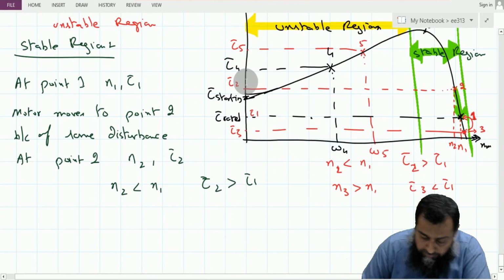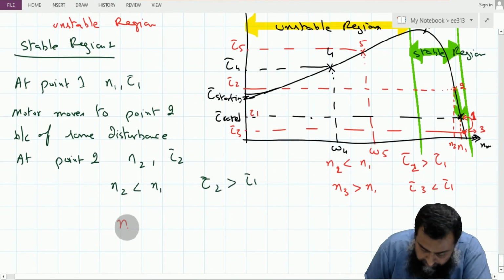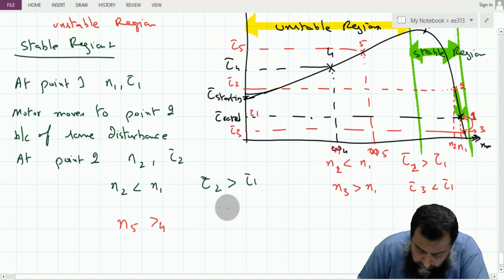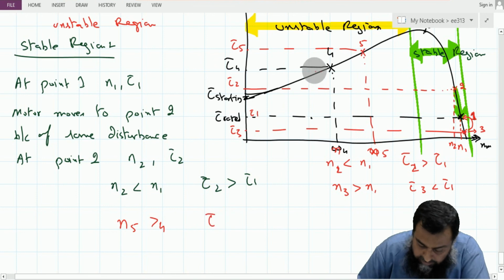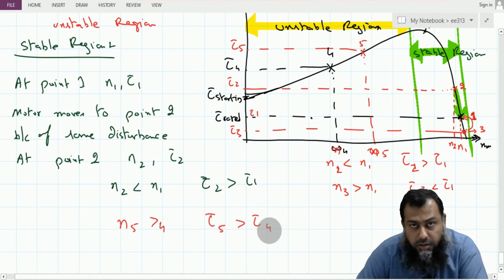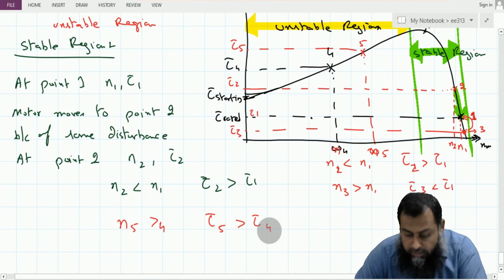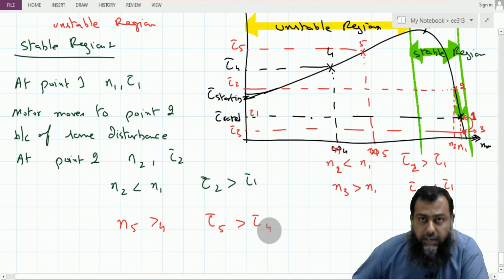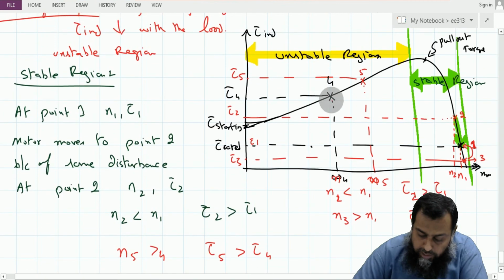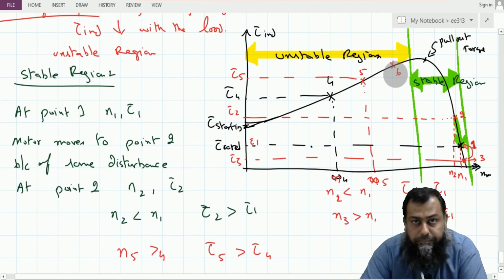Now for this point number 5, the speed N5 is greater than N4, and also the torque which is available at this point number 5 is greater than this tau 4. So what will happen? The motor will move away from the original point, which is point number 4, and it will move to this point number 6.